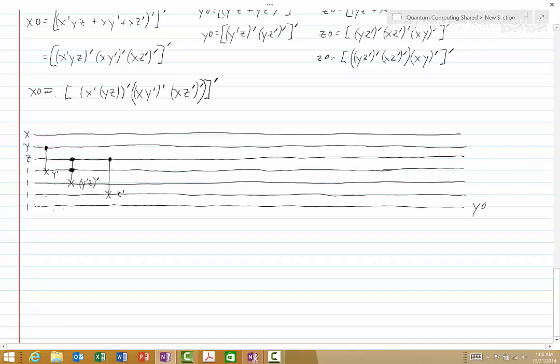That would give us Z prime and Y NANDed together. That is indeed one route we could take, but that would put the Z prime Y NANDed together on our last line, and the last line is the one that right now we're trying to reserve for Y0.